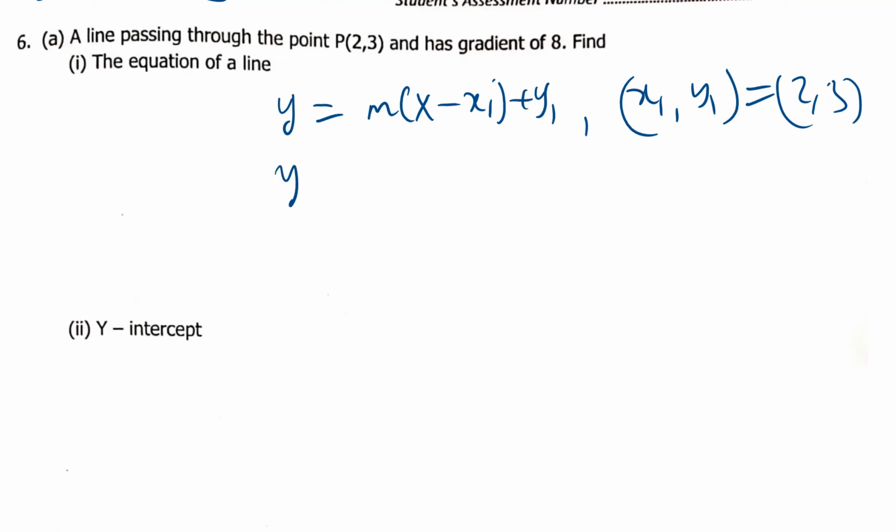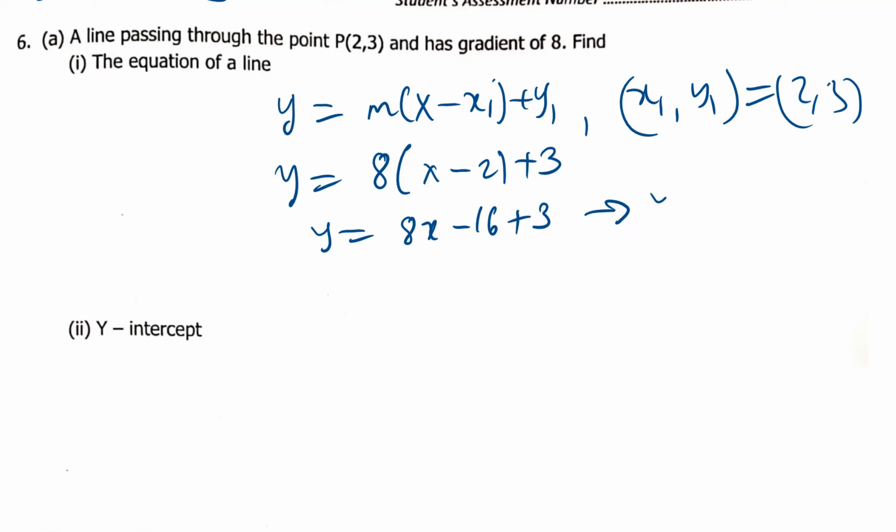So the equation will be y equals 8(x minus 2) plus 3. So y will be 8x minus 16 plus 3. And the final equation will be y equals 8x minus 13.